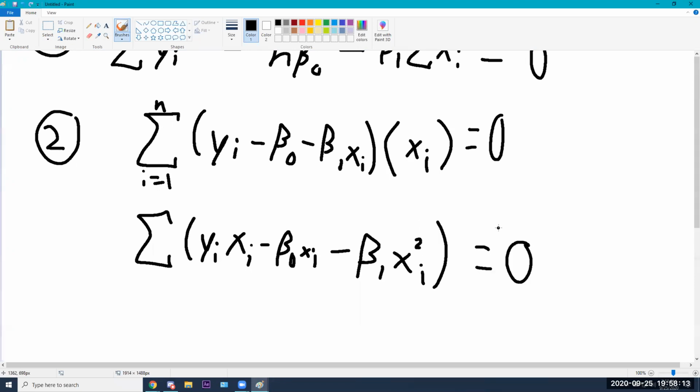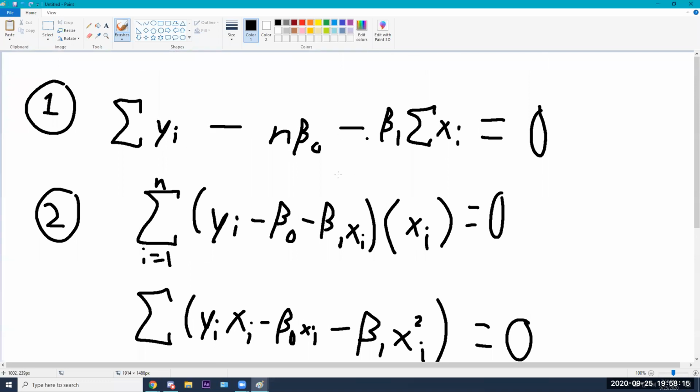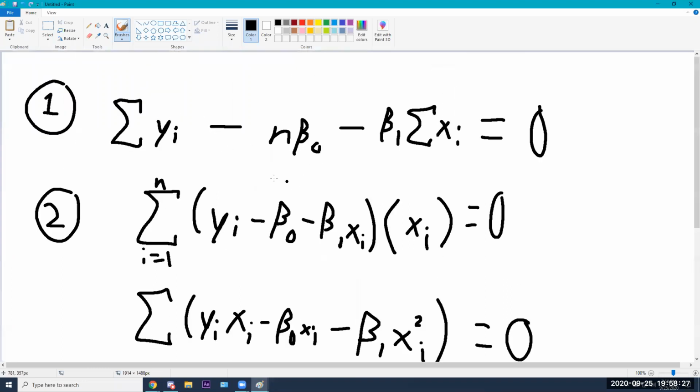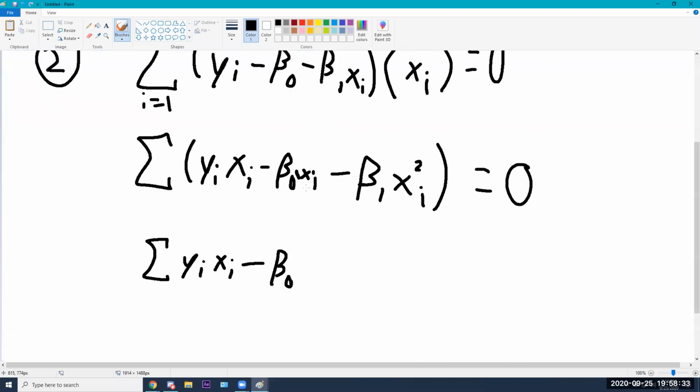equals 0. And we're going to do the same thing as up here by breaking it up. So now we have the sum of yi xi minus beta naught. But remember, before we could just do n beta naught, but now we can't because we have an xi term here, and that is dependent on i. So it's beta naught xi.